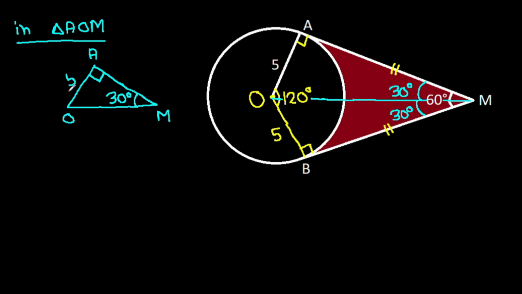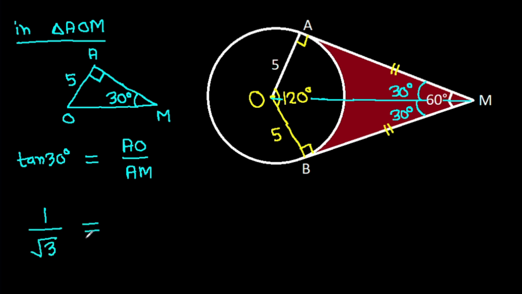AO is 5 and tan 30 degrees will be AO over AM, and tan 30 degrees is 1 over root 3. It is equal to AO, which is 5, over AM. So AM will be 5 times root 3.